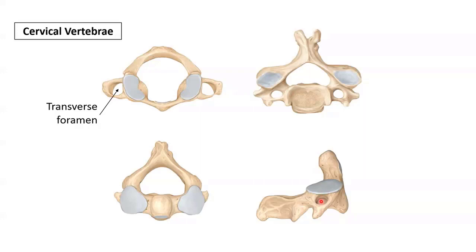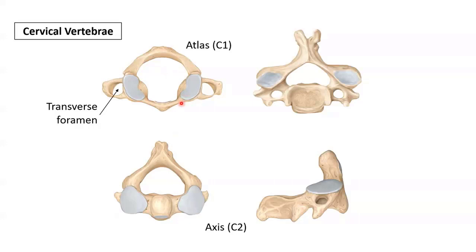Now, the first 2 cervical vertebrae are a little bit different to the rest. The first vertebra, or C1, is known as the atlas. So this is our atlas up here. The second vertebra, or C2, is known as the axis, and that's shown in both of these images down the bottom. So the unique feature of the atlas is that it lacks a body and a spinous process.